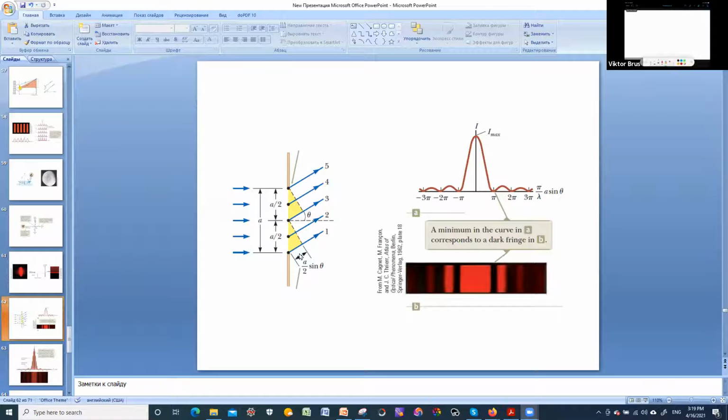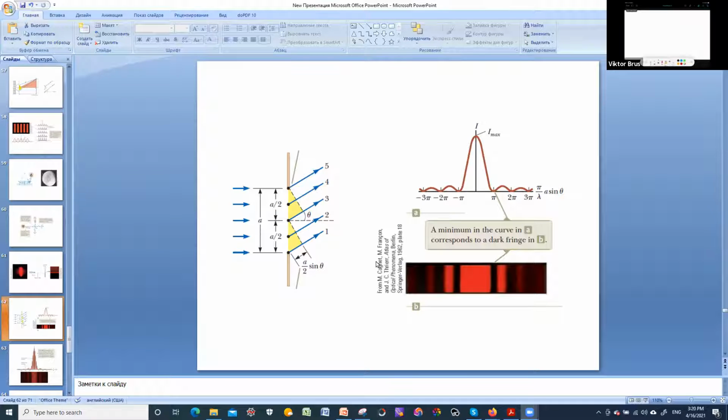This path difference is defined as we did earlier for the two-slit interference effect: the distance between sources of coherent light, which is A over 2, times sine theta. And theta is the angle at which the light rays travel from the slit towards the screen.